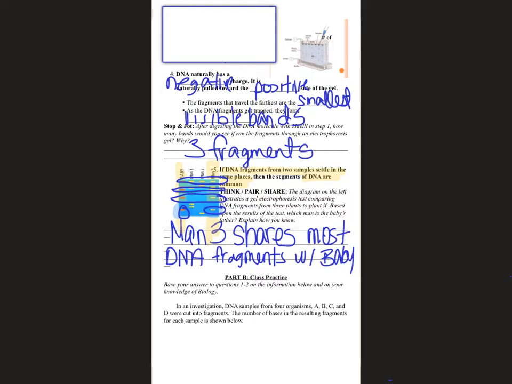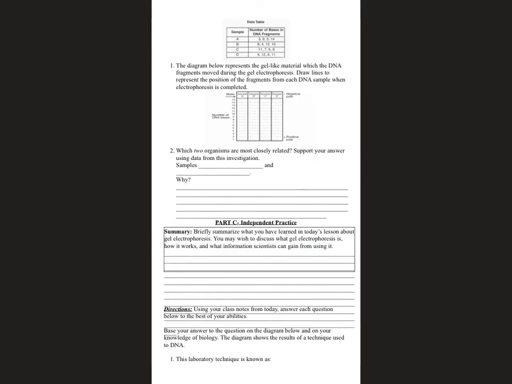Part B, class practice. Base your answer to questions 1 and 2 on the information below and on your knowledge of biology. In an investigation, DNA samples from 4 organisms, A, B, C, and D, were cut into fragments. The number of bases in the resulting fragments for each sample is shown below.